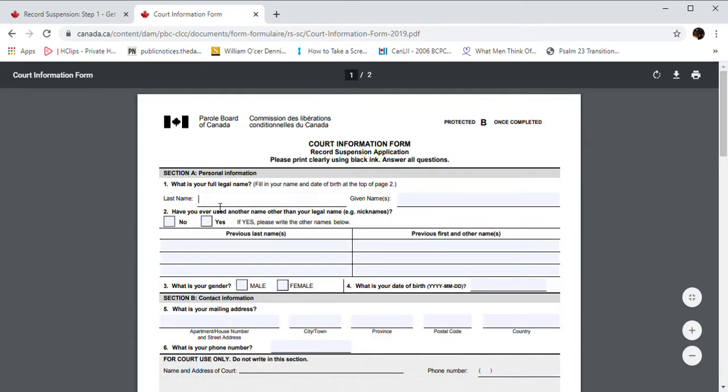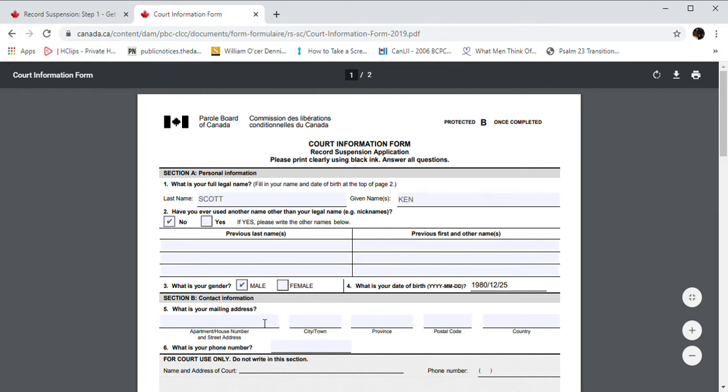Okay, last name, Scott. First name, Ken. Use any other names? No. What is your gender? Male. What is your birthday? Today we're going to go with 1980-12-25, so year, month, and day.